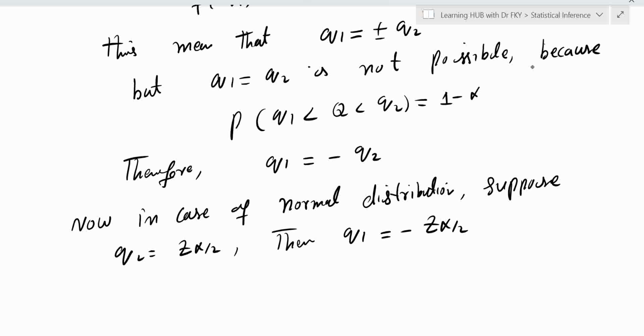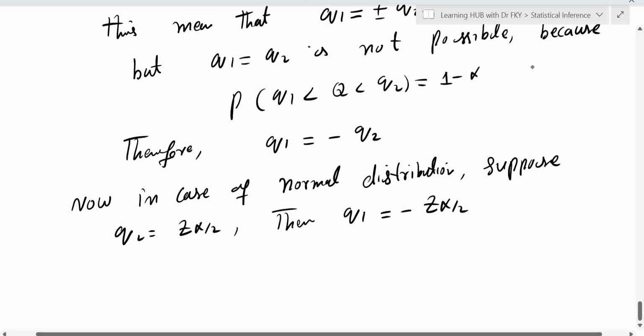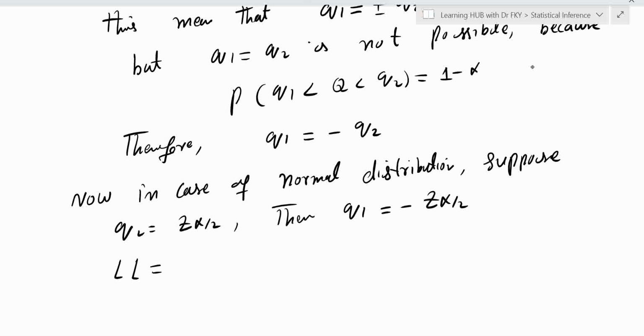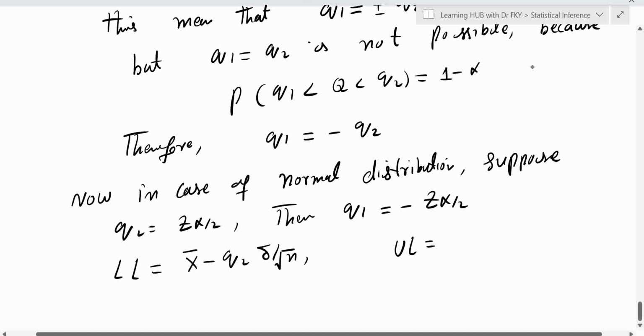And remember that the confidence interval which we calculated looks like this: the lower limit was x bar minus Q2 sigma divided by square root of n, and the upper limit was x bar minus Q1 sigma divided by square root of n.